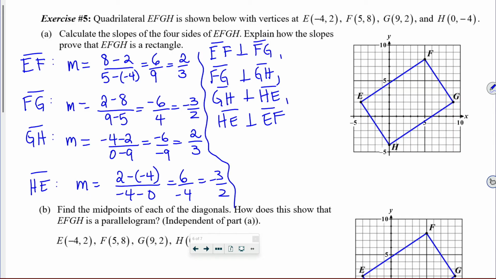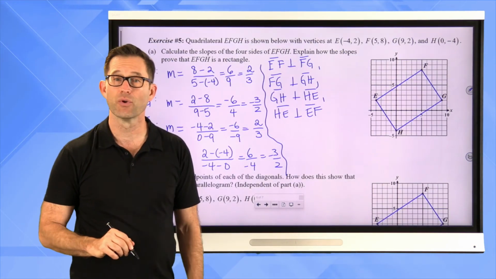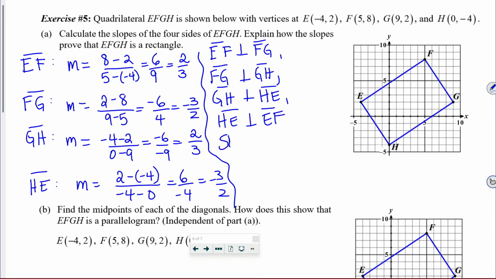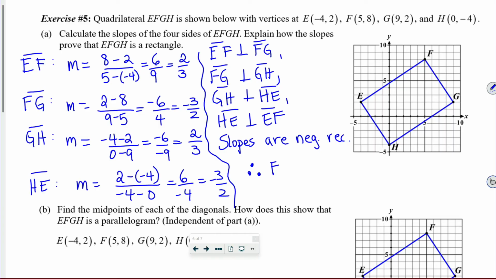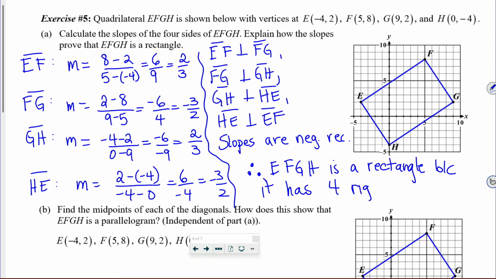Why can I say that all those things are true? Because slopes are negative reciprocals, and I can abbreviate negative reciprocals as neg recip, like that. And now I can say, therefore, EFGH is a rectangle because it has 4 right angles.